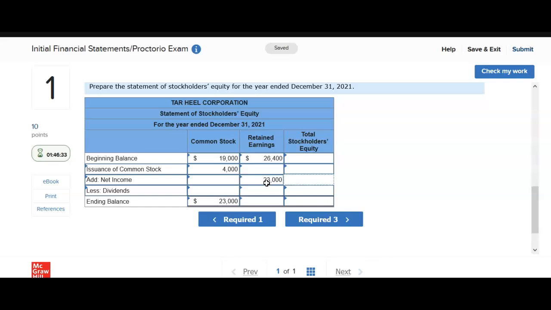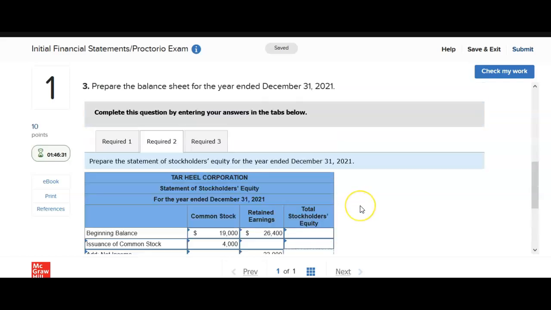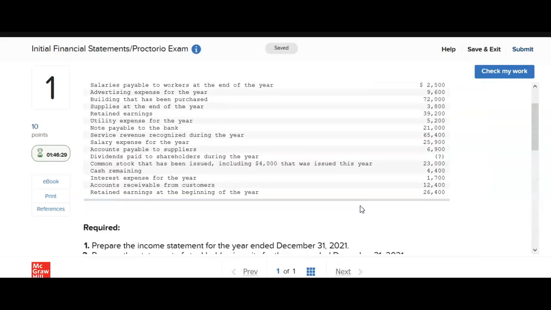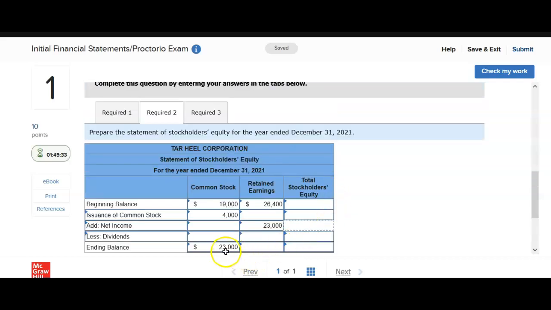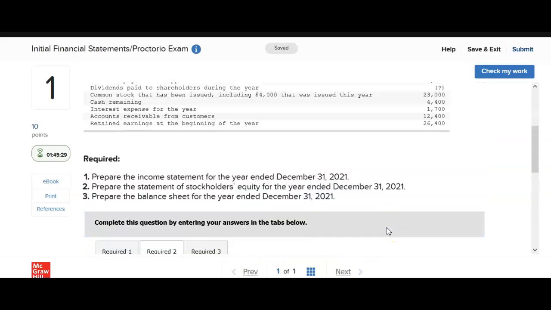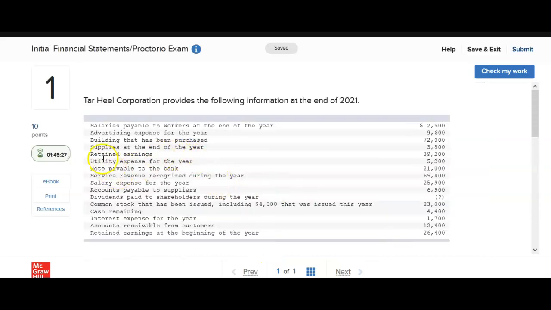There we go. And now what we need is the ending balance in retained earnings. And we need to find the dividends. Now, they did give us the retained earnings balance at the end of the year. Let's scroll back up and read this right here, retained earnings. When it says just retained earnings and gives you the number, this number is for the end of the year.